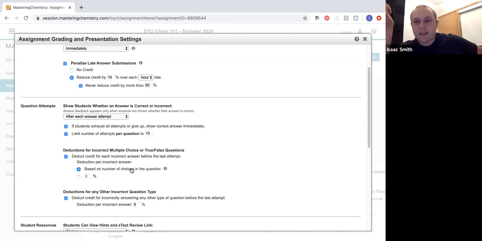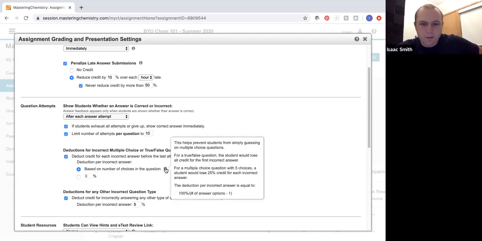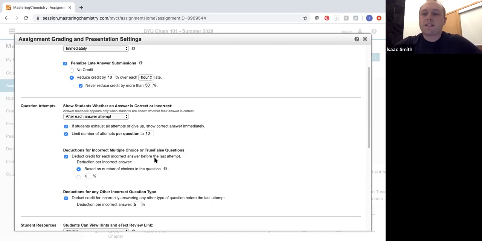If you try again, and I'm trying to remember exactly what it is, it's 25%. So for example, if there's 4 choices and you chose the wrong one, let's say you chose A, then you can try the question again, and if you get it right, you actually get 75% for that question. So instead of just getting it wrong and losing all the credit, there's incentive to keep trying on the questions.